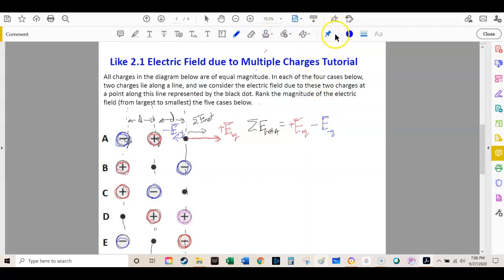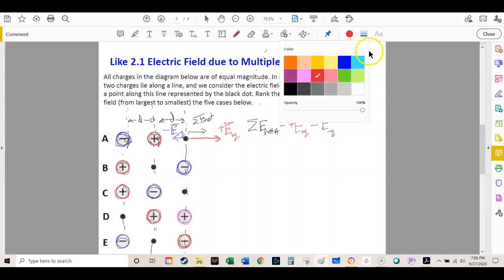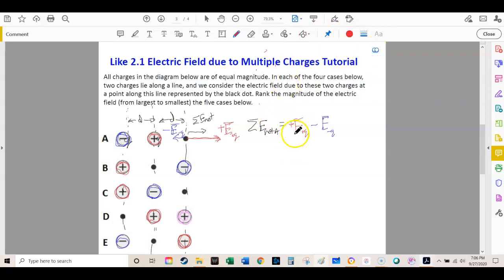All right. And so now I'm going to define these. This positive EQ is going to be K positive Q all over distance D away, and that is a plus.